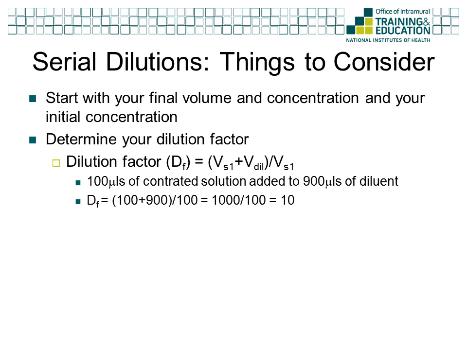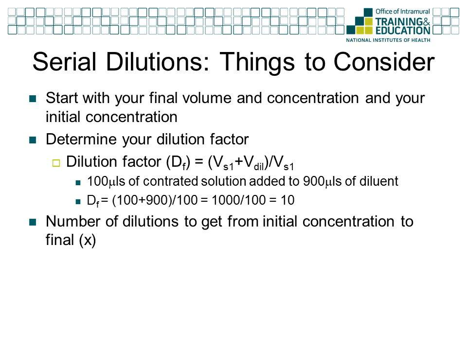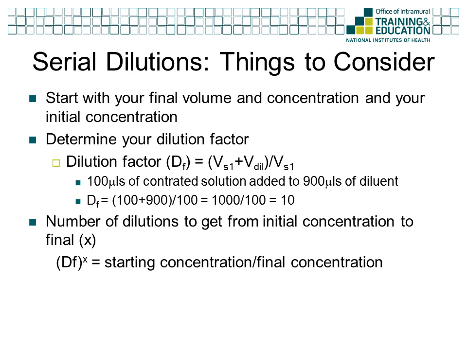Finally, you will need to know the number of dilutions you are going to use to get from your initial concentration to the final concentration at the volume that you want. Again, this can be determined mathematically. The number of dilutions is equal to the number of times the dilution factor will be multiplied by itself to equal the starting concentration divided by the final concentration.